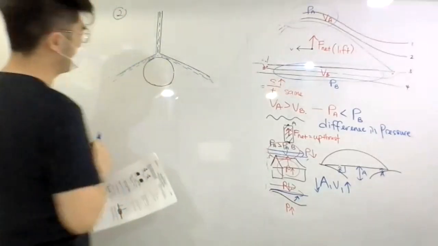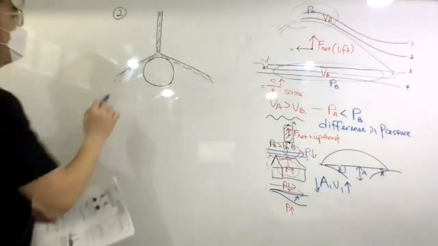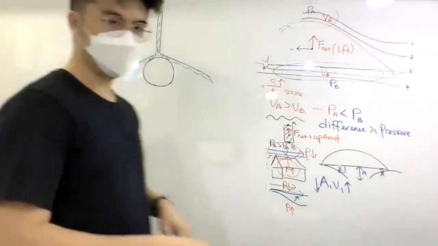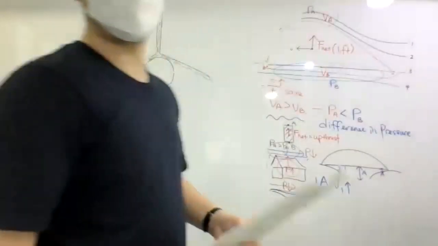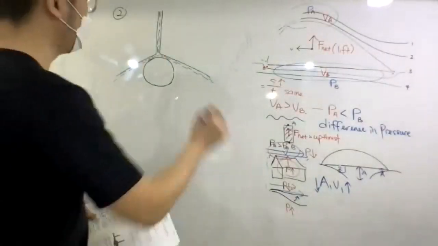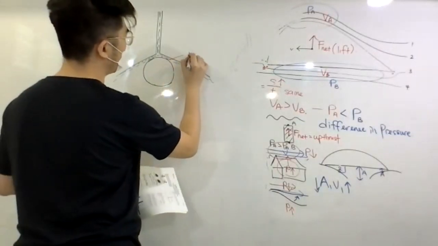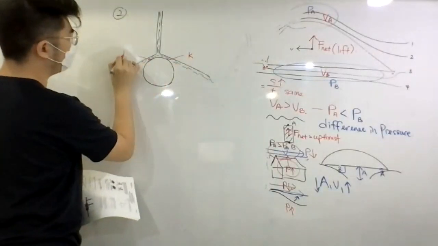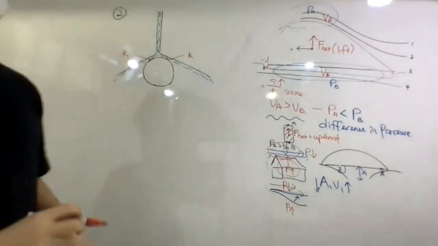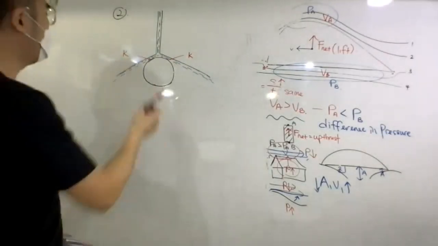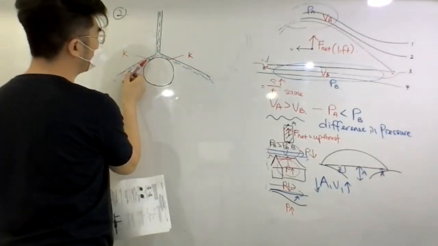Where is the water speed fastest? Over here. This region is where the speed of flow is the fastest, inside. You have two regions, K here and K here.